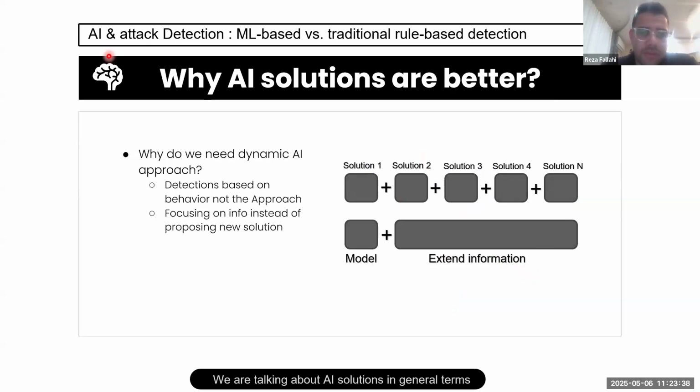Suppose we're talking about a type of attack, attack type 1. These attacks are dynamically evolving through time, and somehow they try to bypass the mechanism that we propose. So suppose that we are proposing a static solution that works based on how an attack takes place.